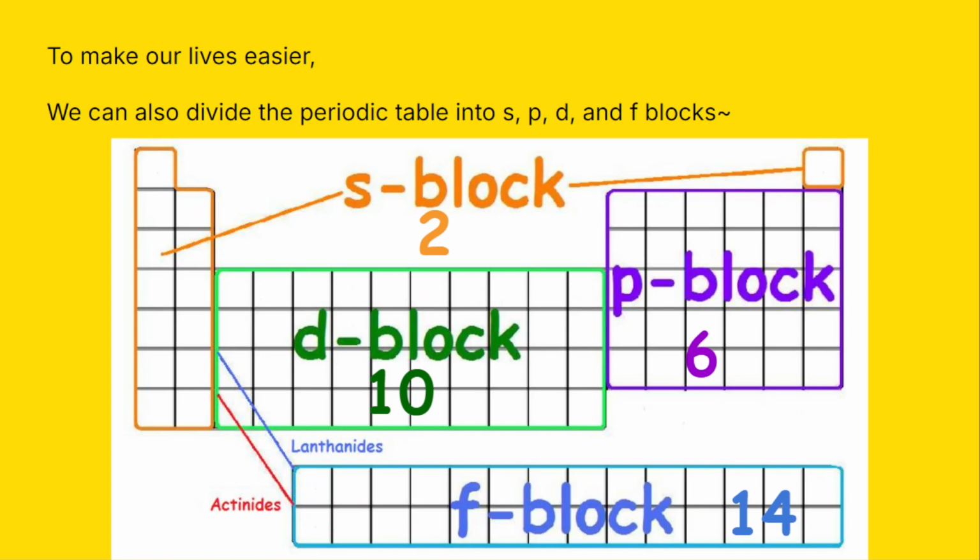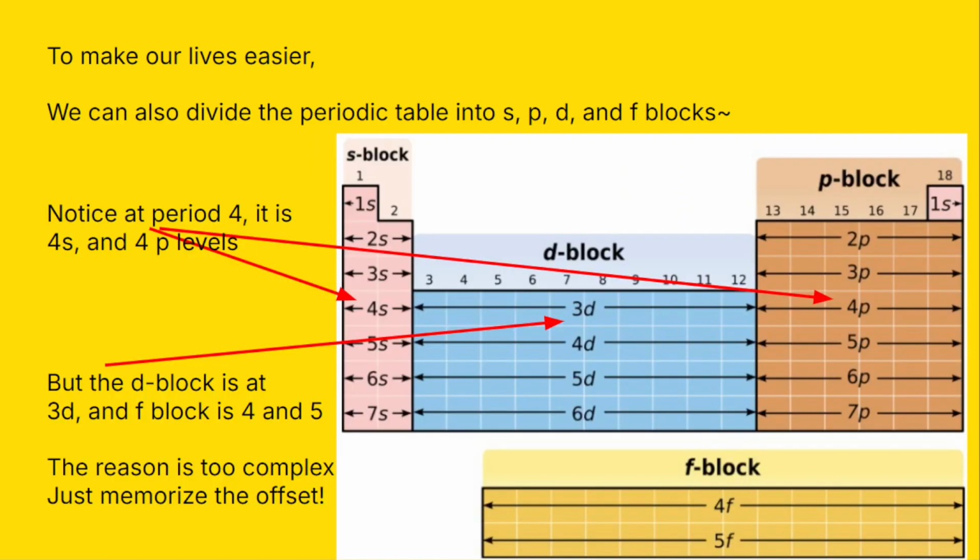Super simple. Okay, right here, the energy levels are basically the periods on the periodic table. So right here we have period 1. Let me start drawing.